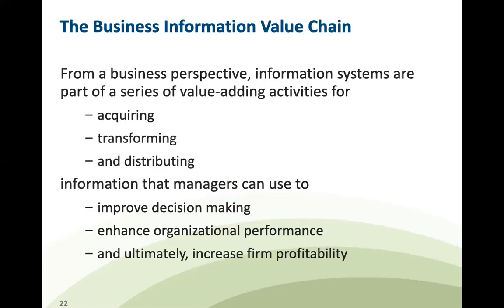Okay, then we'll focus on the business information value chain. From a business perspective, information systems are part of a series of value-adding activities for acquiring, transforming, and distributing. Acquiring means taking inputs for the business, getting things from the suppliers.